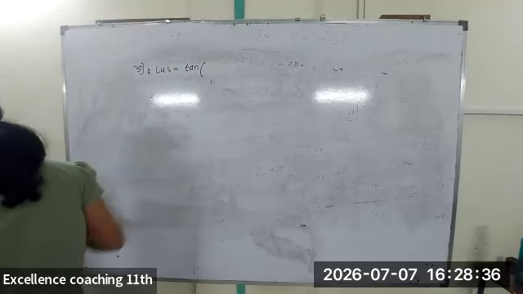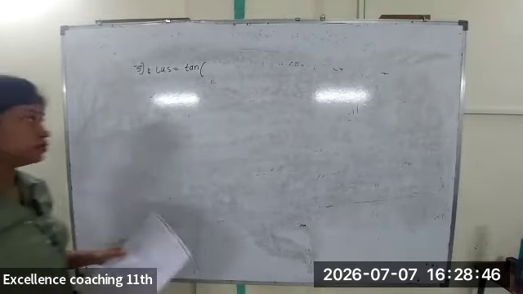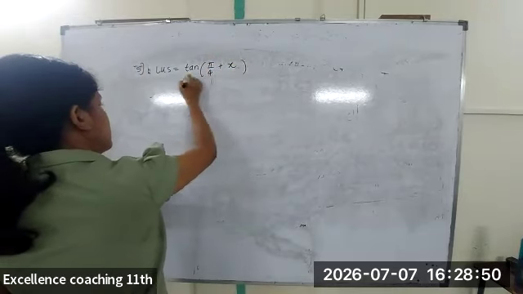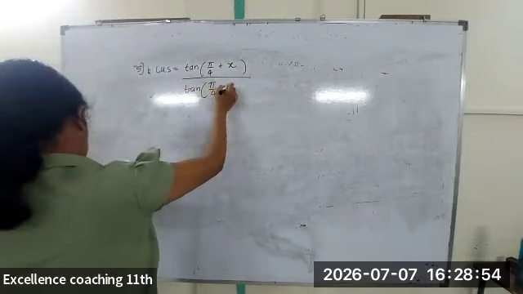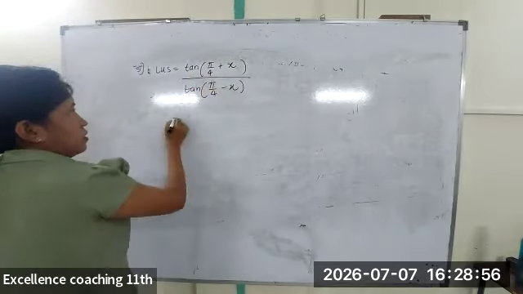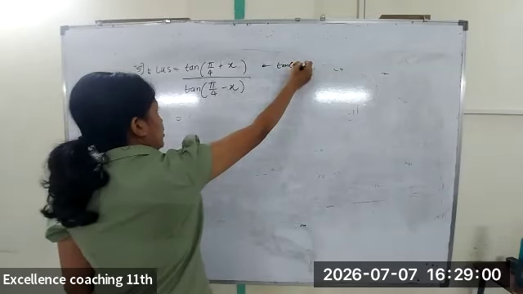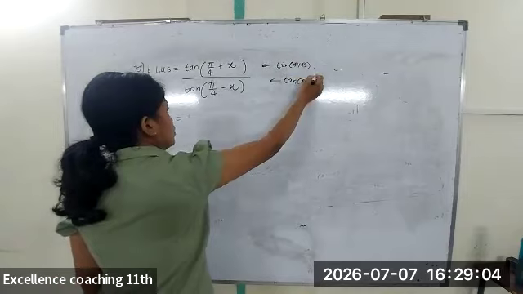Left hand side, start. So this is the tan of A plus B formula, and the denominator is tan of A minus B, which all should know by now.